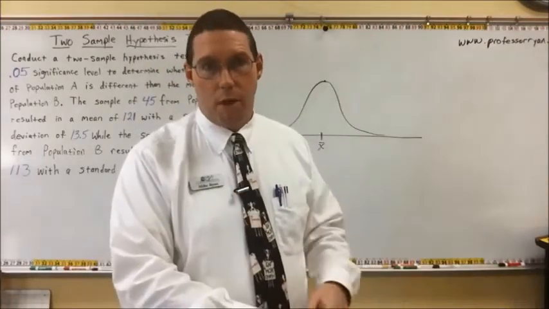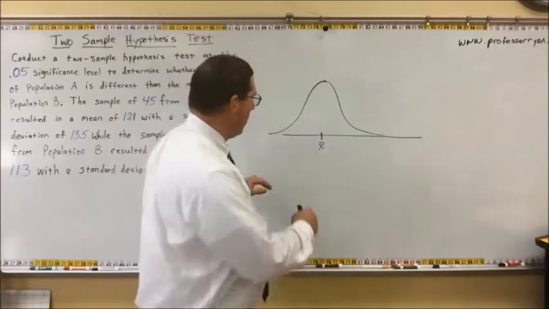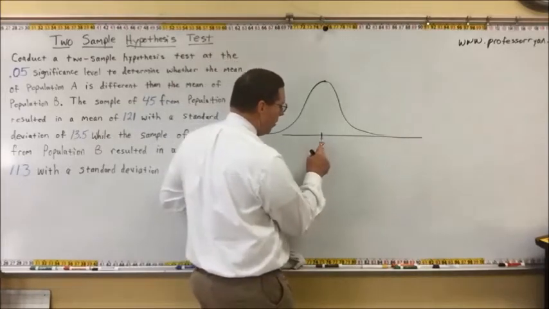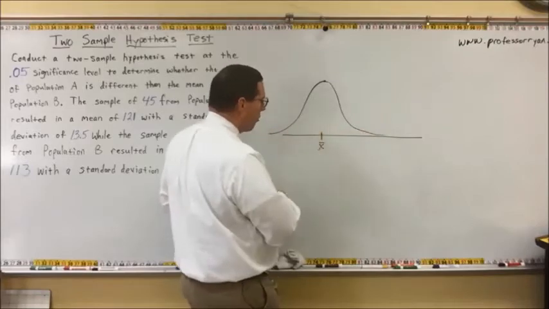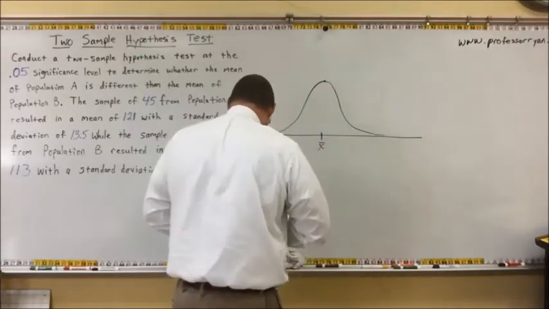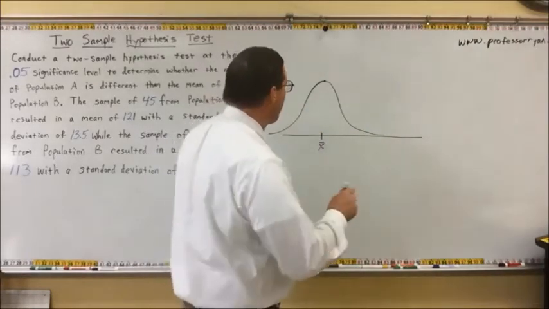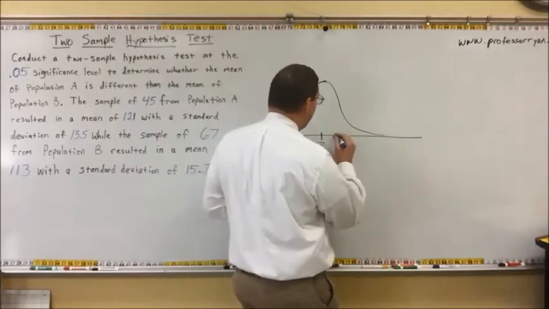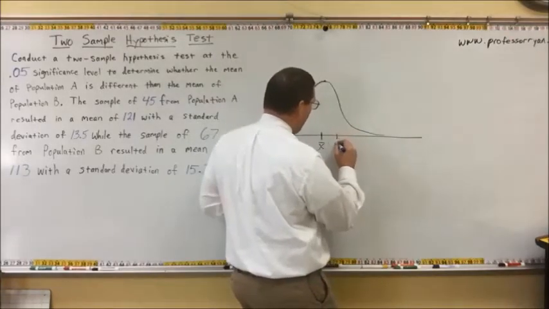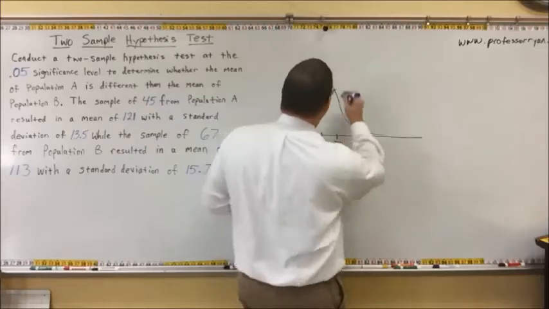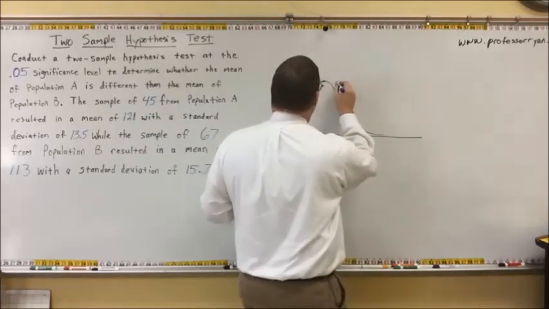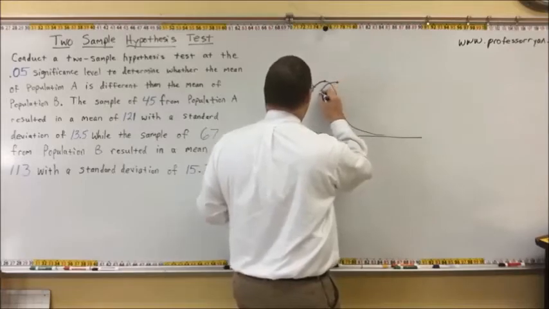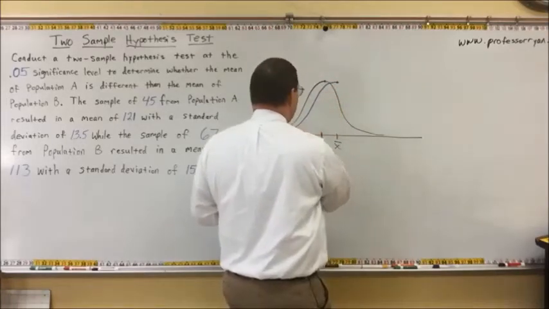You know how to make a distribution curve out of sample information. You did that weeks ago. You'd have a number here, the sample mean, and you'd have standard deviations, your hash marks over. But now we're taking another sample, and let's say the other sample has a mean right here, and its distribution curve looks like this.